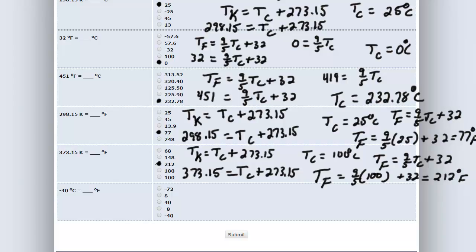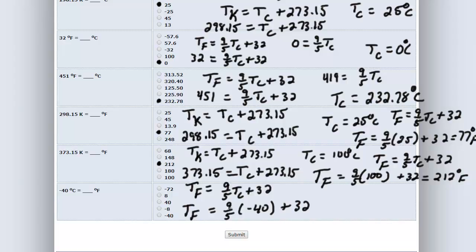212 degrees Fahrenheit. Negative 40 degrees Celsius is what in degrees Fahrenheit? Well, the temperature in Fahrenheit is 9/5 the temperature in Celsius plus 32. And so we have 9/5, and the temperature in Celsius is negative 40. And we have to add 32 to that. Now, 5 into 40, well, that's 8.